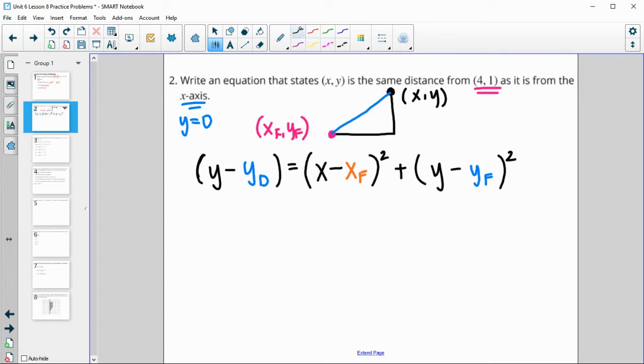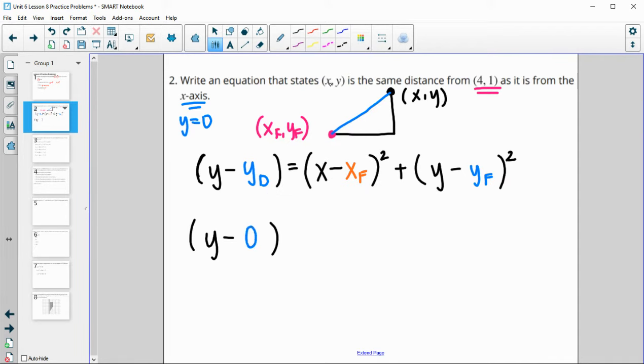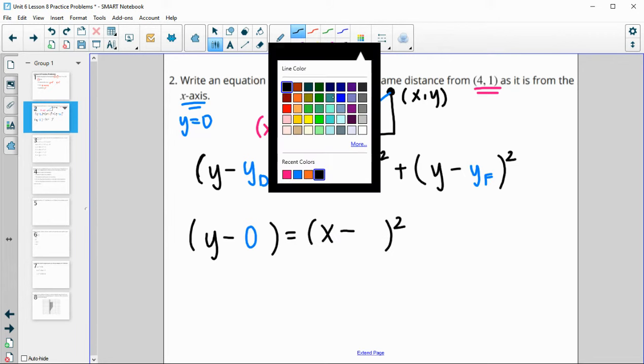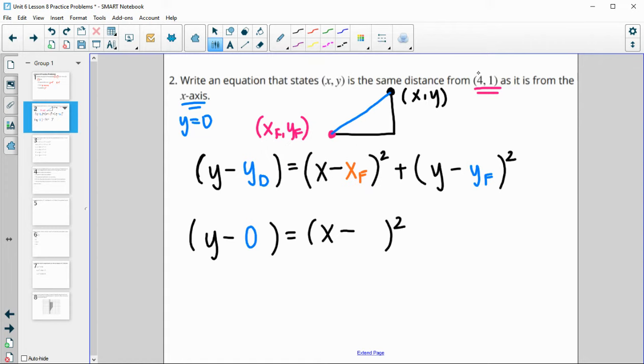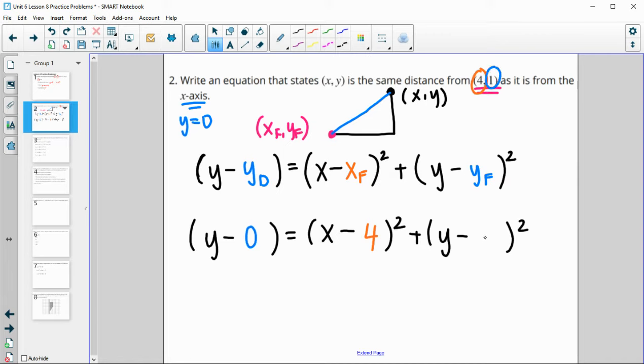In this case, we have y minus 0, since the directrix is 0, equals x minus the x coordinate of the focus. The x coordinate of the focus is 4, plus y minus the y coordinate of the focus, and the y coordinate of the focus is 1.